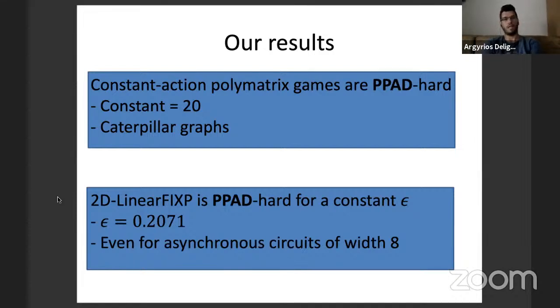To get a feeling about this result, I should say that when epsilon is a half, we can trivially find a solution. And we showed that when epsilon is this large constant, it is PPAD-hard to find a solution.